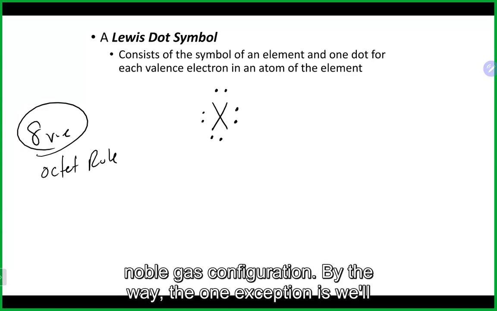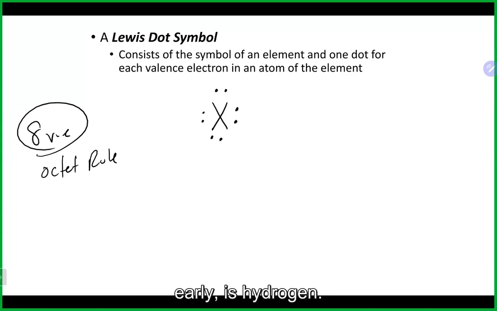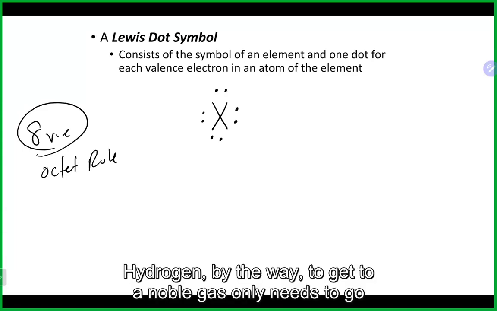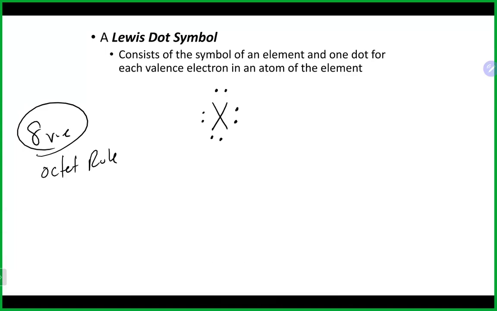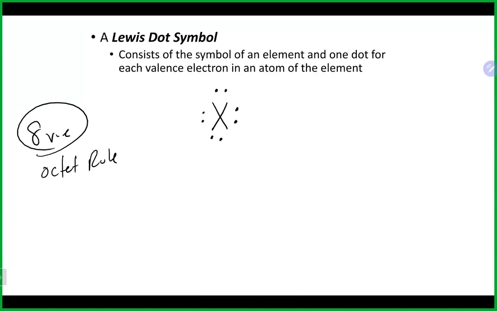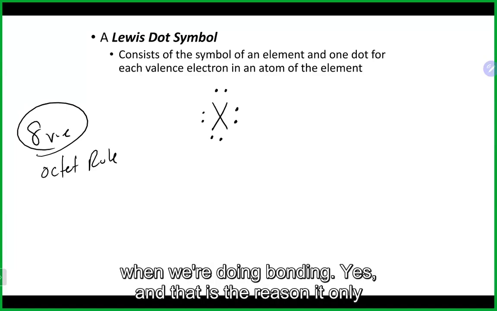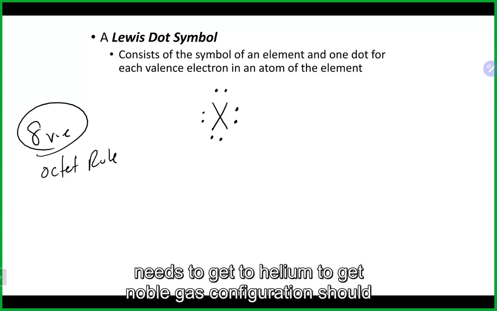By the way, the one exception, which we'll talk about a lot because it never hurts to talk about it early, is hydrogen. Hydrogen, to get to a noble gas, only needs to go where? What's the next noble gas after hydrogen? Helium. Helium has how many electrons? Only 2. For hydrogen when we're doing bonding, that is the reason it only needs to get to helium to get noble gas configuration.